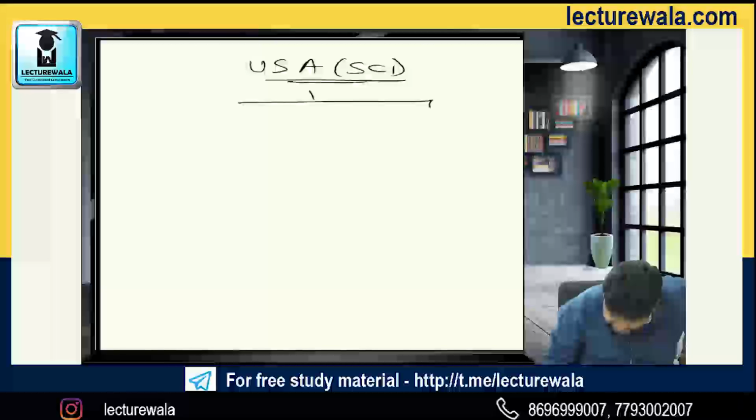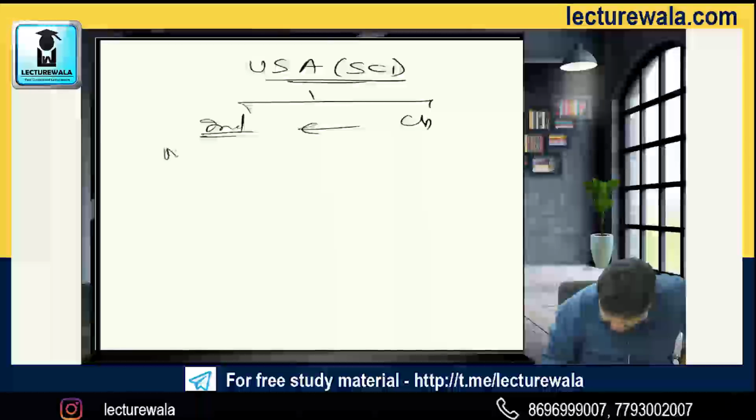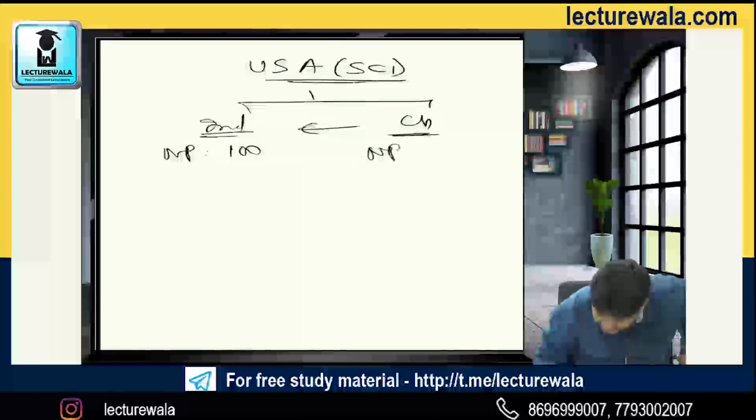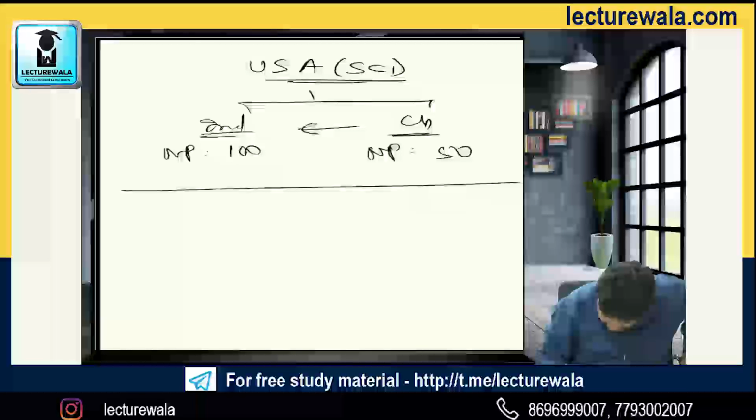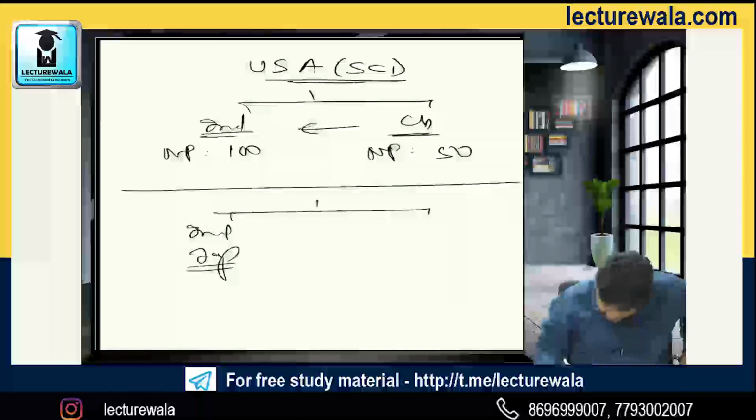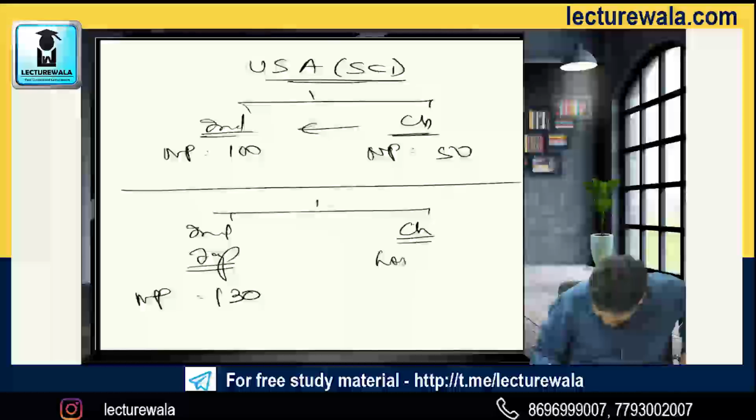Currently, if China sells to India, then India is making a net profit of 100 and China is making a net profit of, say, 50. Now if India purchases from Japan, the net profit of India will increase to 130, but China will get into a loss of 20.